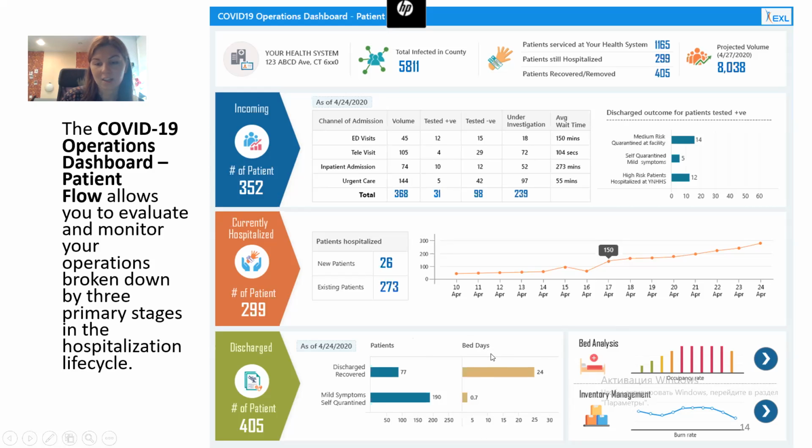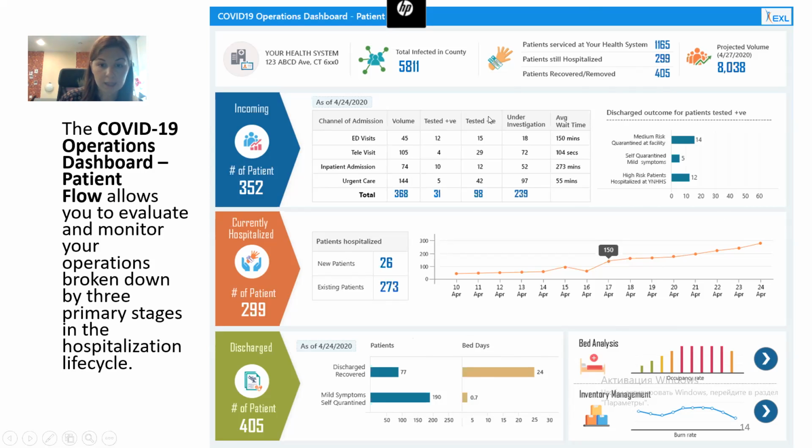Yes, actually bed days are very, very important for us, yes, because we want to make this parameter as low as possible. Yes, new patients, existing patients, dynamic.